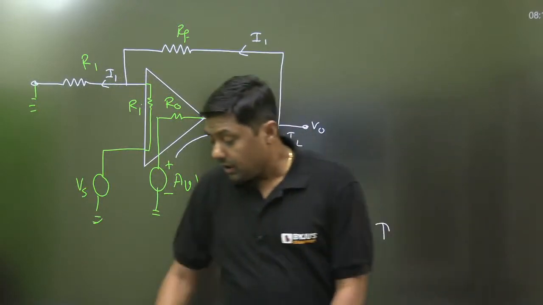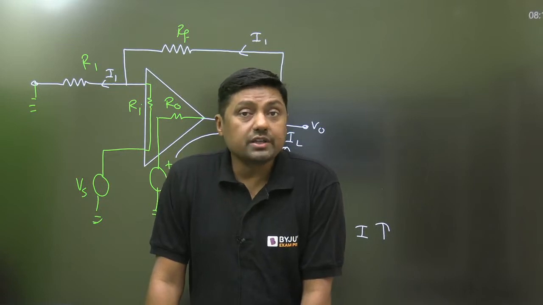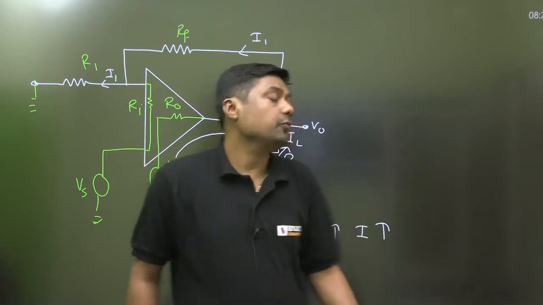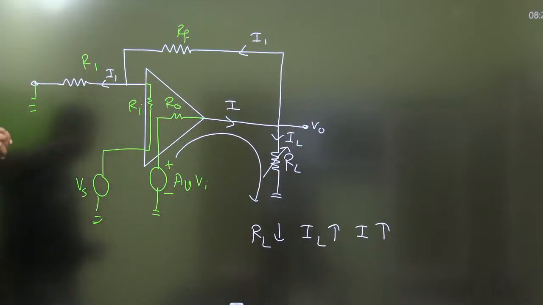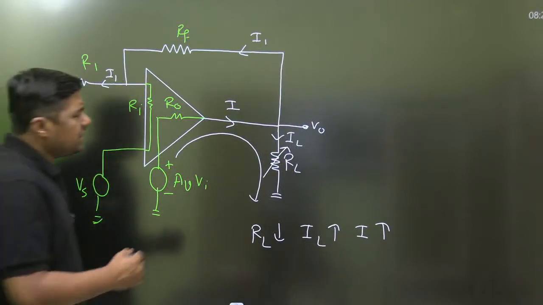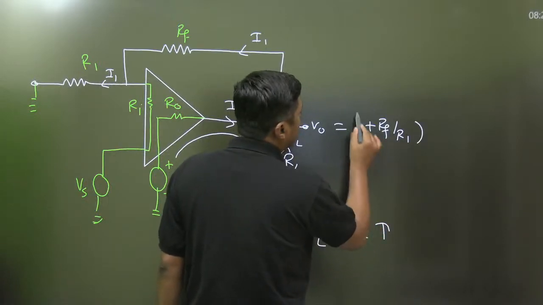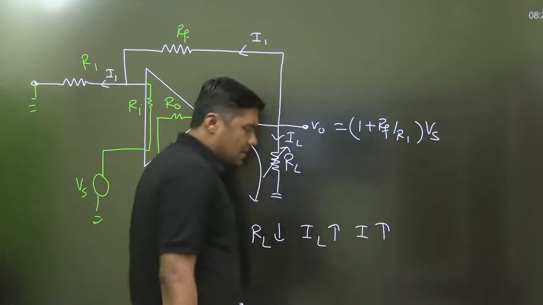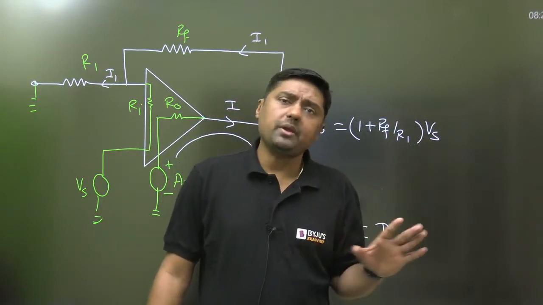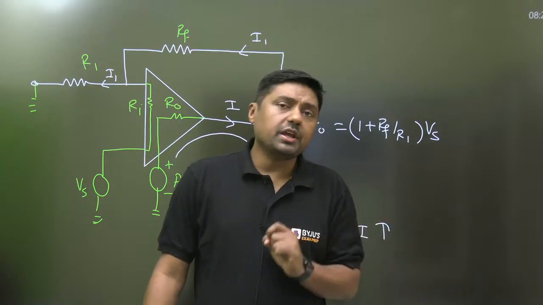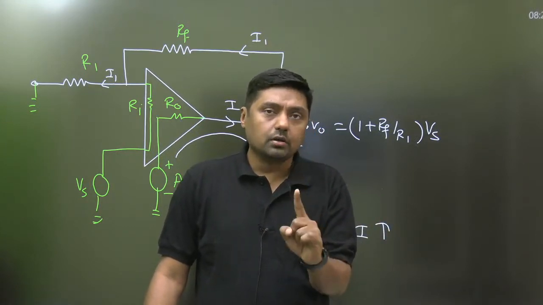So, this type of circuit we are using, right? The output quality will not change with variation in RL. Now, here we are getting the gain 1 plus RF by R1 into what? Vs. Suppose we want the same output as the input, then what should be the gain of the system? 1.